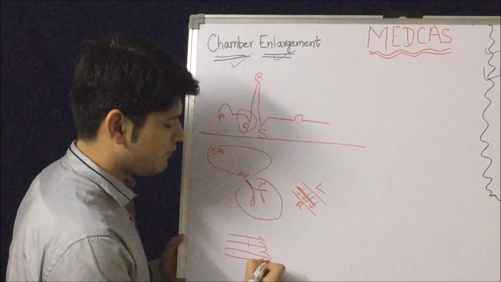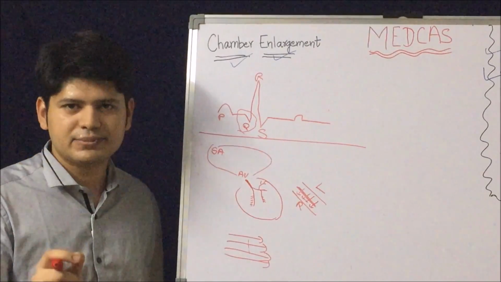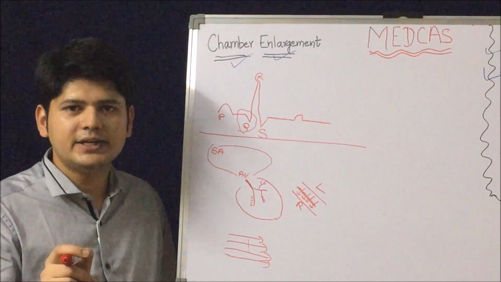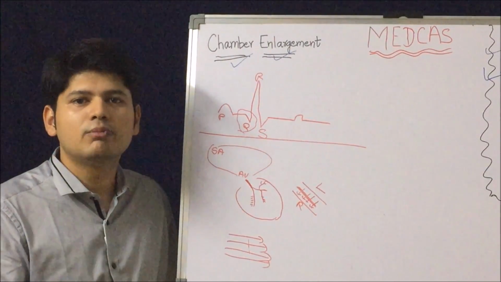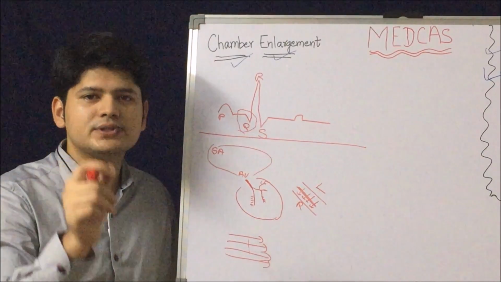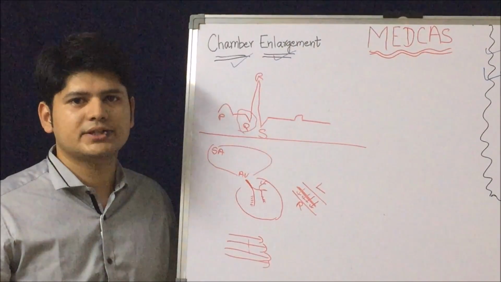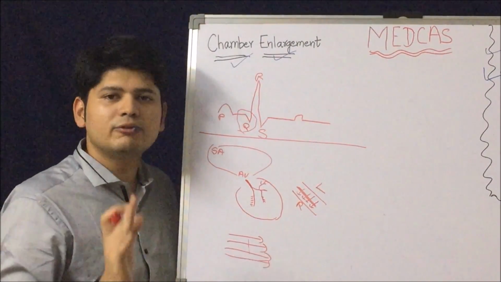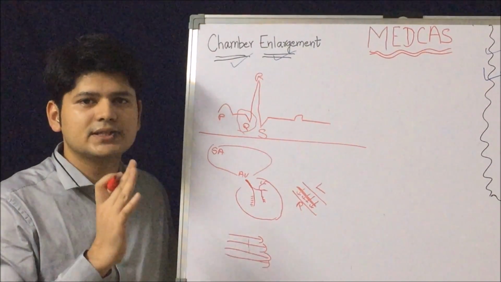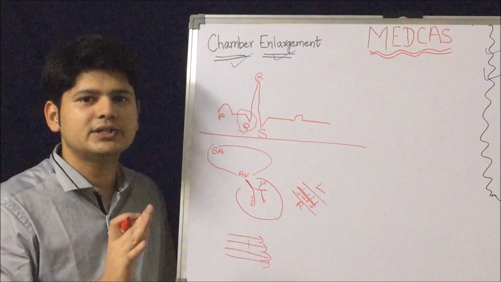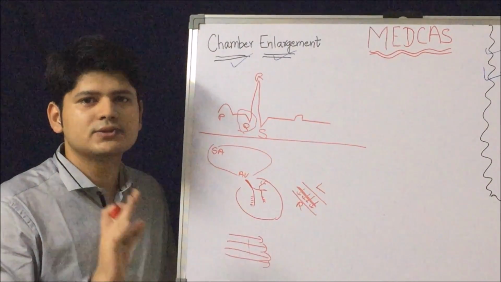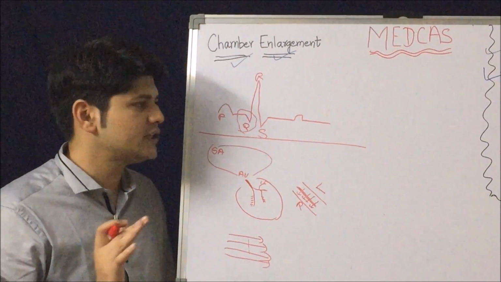Okay, so which side is the current flowing? Left side. So the left-sided leads, V5, V6, should have more positive deflection, and the right-sided leads, V1, V2, should have more negative deflection. Fine. So this is what we understood on the whiteboard. When we discuss the PowerPoint presentation, we'll understand on a real-time ECG how this is going to help us decide the enlargements.